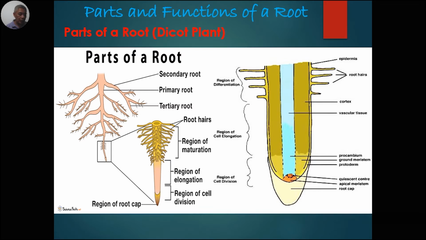This stele is actually the central core of the stem and root of a vascular plant, consisting of vascular tissue, the xylem and phloem, and associated tissues. And when we are talking about the phloem, it is the vascular tissue in charge of transport and distribution of organic nutrients made during photosynthesis.